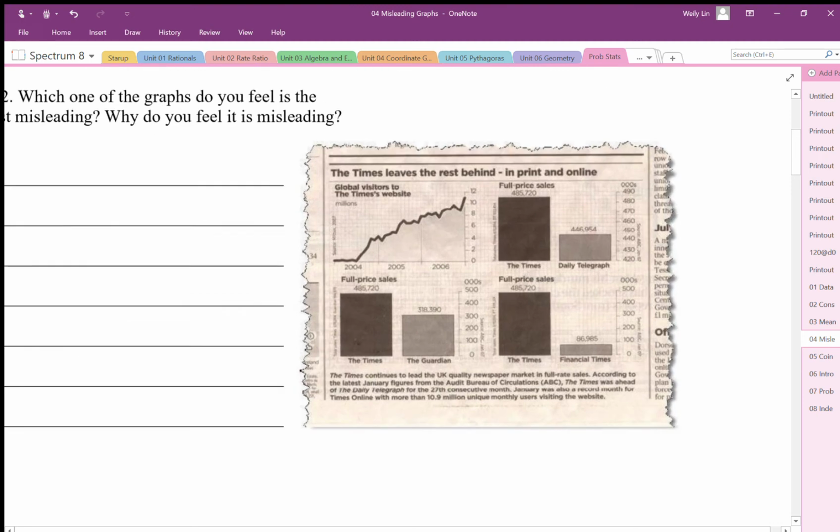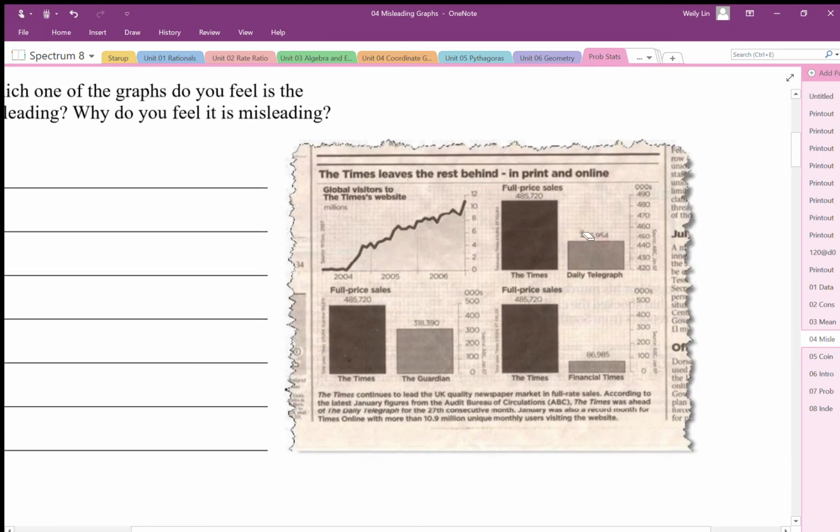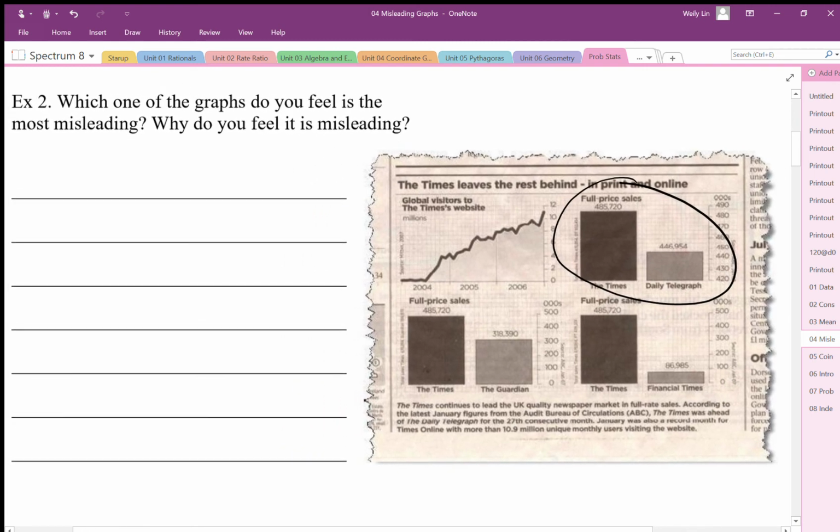Okay, so the graph that's most misleading is going to be this one here. It's going to be the Times versus Daily Telegraph, the bar graph of Times versus Daily Telegraph.